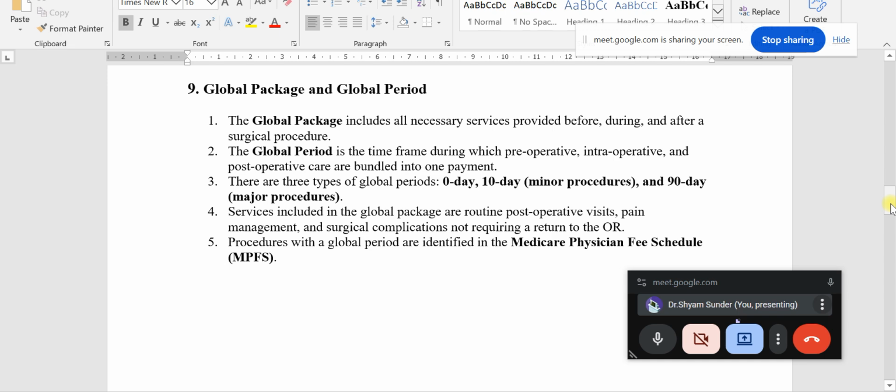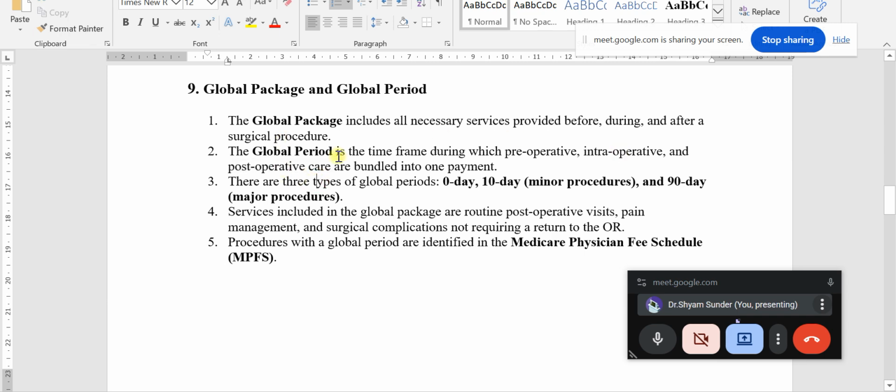What does the global period include? The surgical package includes three phases: pre-operative, intraoperative, and post-operative care. The surgeon has to take care of the patient before surgery, during the surgery, and after the surgery.